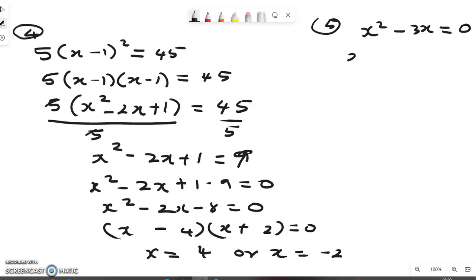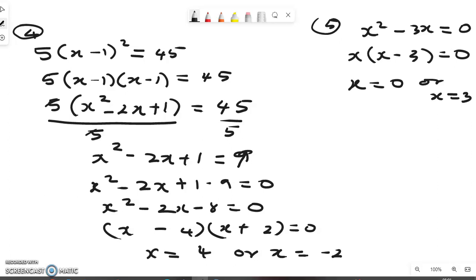We take out a common factor of x, so x times (x minus 3) is equals to 0. Then we can solve for x. For this to be true, x must be 0, because 0 times anything is 0, or x must be positive 3.